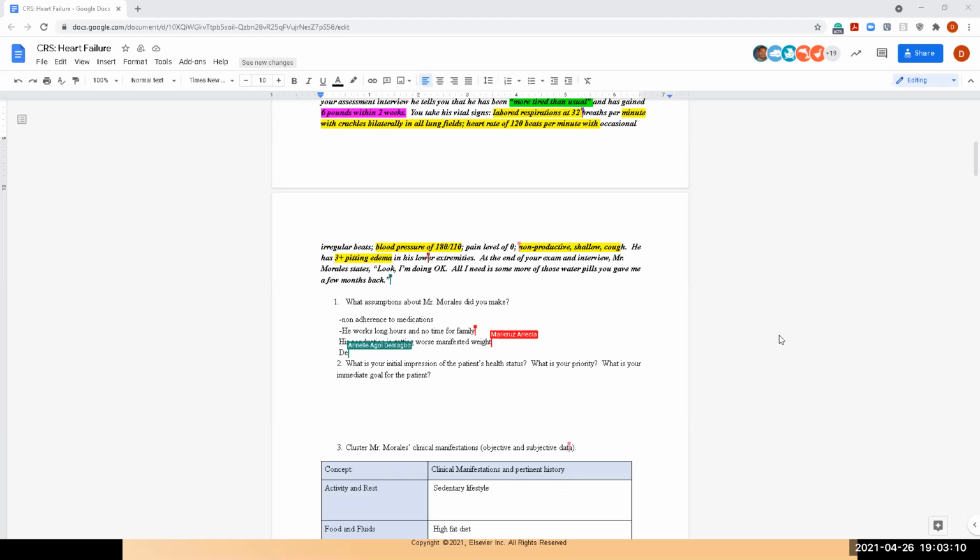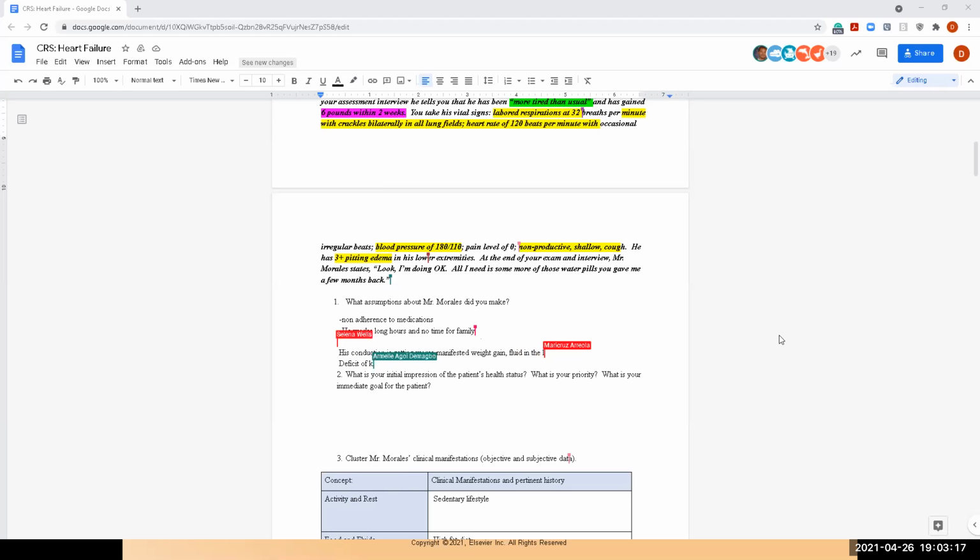What's going on with the crackles? What's that telling you? After we just saw that video and we talked about it, what is that telling you? Do you have a buildup of fluid? Right, he's getting fluid that's backing up into his lungs and his heart. So things aren't going so well.